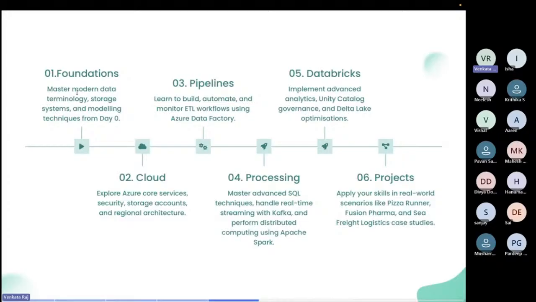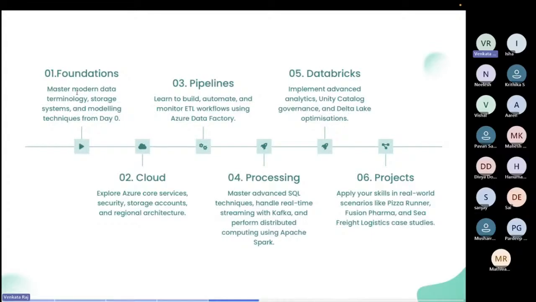But foundation generally means we are going to talk about very basic terms like what is compute, what is memory, what is latency, what is throughput, what is network bandwidth, etc. What are pipelines, batch processing, real-time processing, and all. We'll start from there, and then we will pick the basics of the data lake, data warehouse, and data lakehouse, and then we will pick the basics of Azure here in week two.